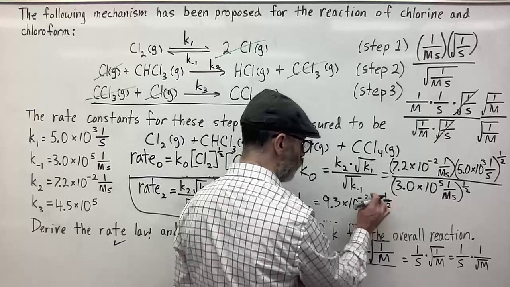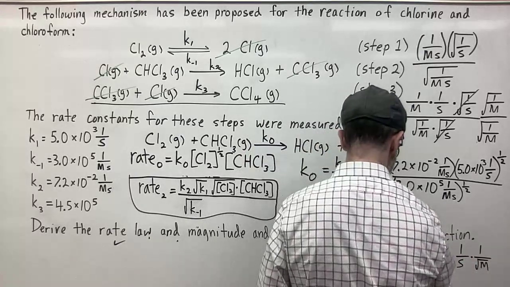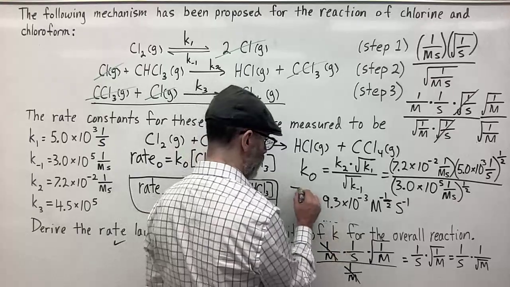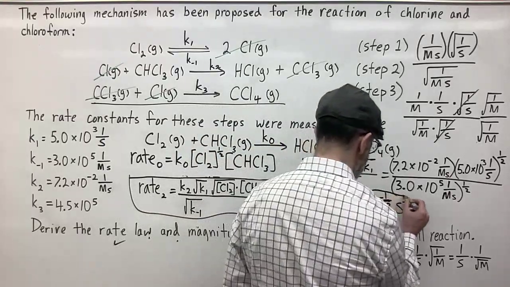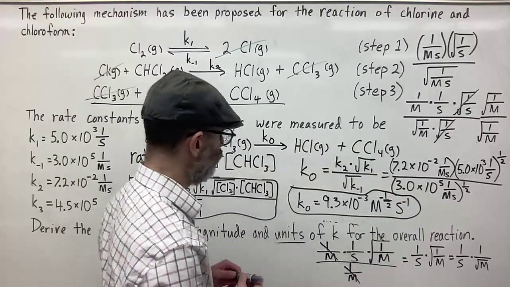And then 1 over S is the same as S to the negative 1. So now I have my KO with the proper units.